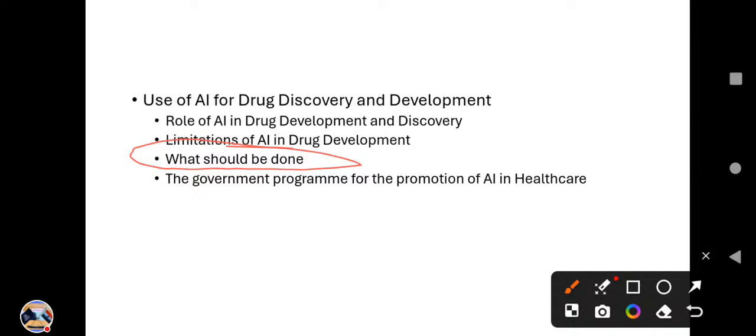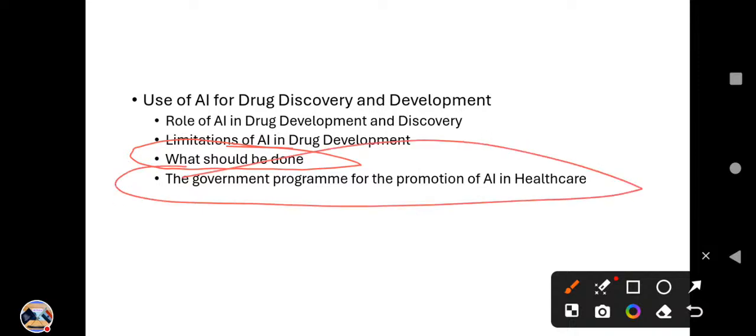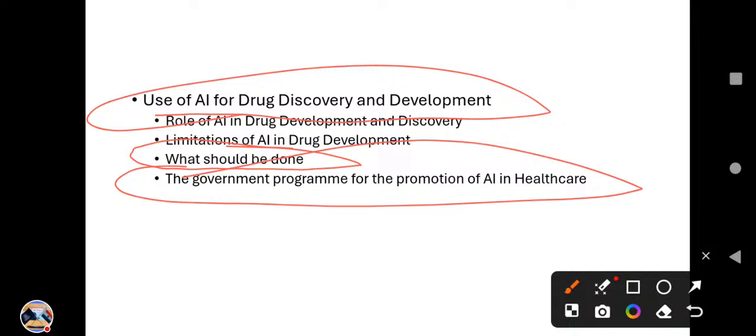Okay, so that the examiner's mind has a good point, a good conclusion in your answer. Okay, and these are the government programs we have discussed for the promotion of artificial intelligence in healthcare, and we have concluded this use of AI for drug discovery and development part.